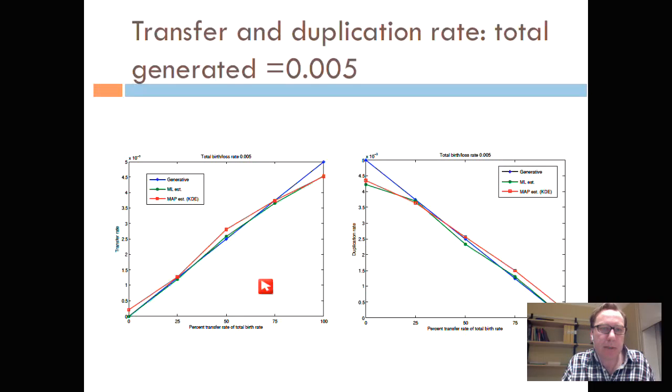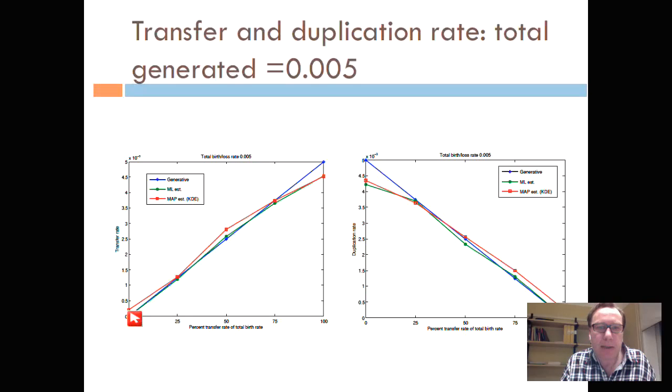And then when the transfer rate increases, the duplication rate decreases, etc. Until we're at this data point, which is the same one as here, where we have all the birth rate on the transfer rate and nothing of the total birth rate on the duplication rate.